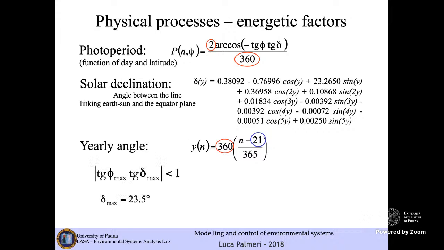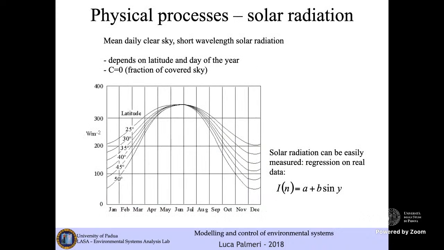In this case, we may write that solar radiation can be easily measured, and we may build a model that is based on regression on real data.